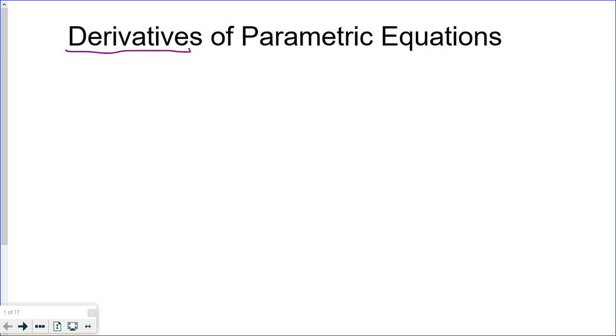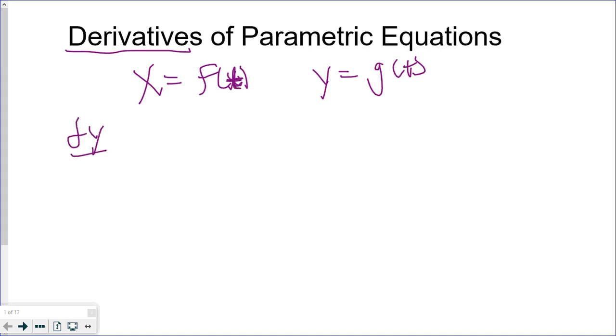The derivative of a parametric equation. Remember, a parametric equation is x equals some equation and y equals some other equation. We'll call them f of t and g of t. Whenever we talk about a derivative, it's in the form dy over dx, the derivative of y with respect to x.